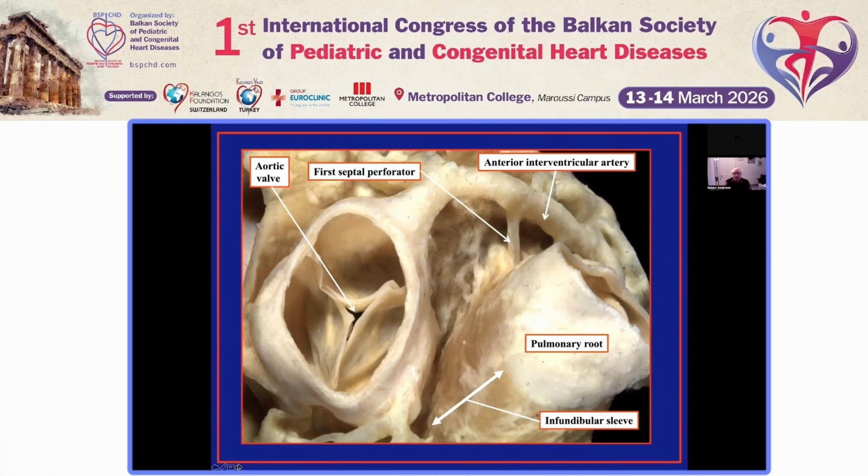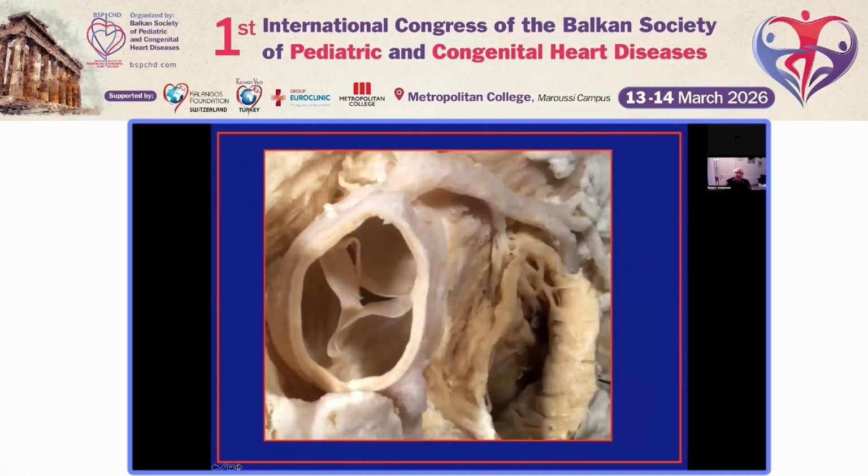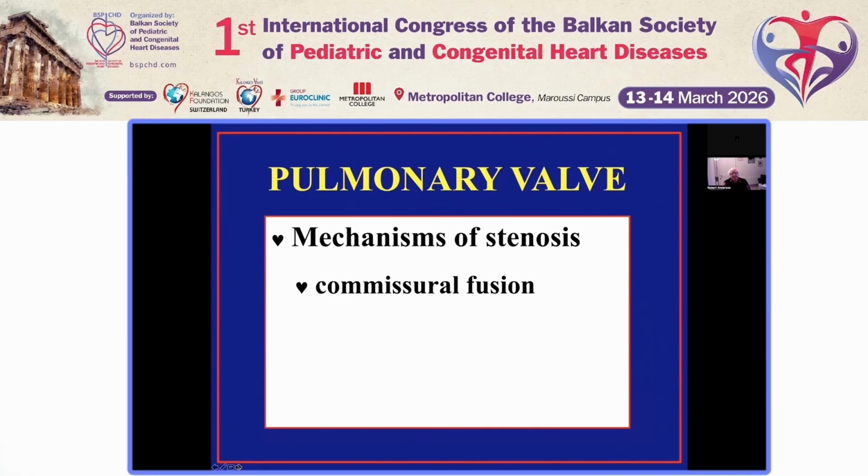Now, you all know that oftentimes surgeons will remove the pulmonary root for use in the Ross procedure. And this is what it looks like in the dissected heart when we have cut away the freestanding subpulmonary infundibulum. And that shows you what the surgeon needs to take note of when performing the Ross procedure, the location of the first septal perforating artery.